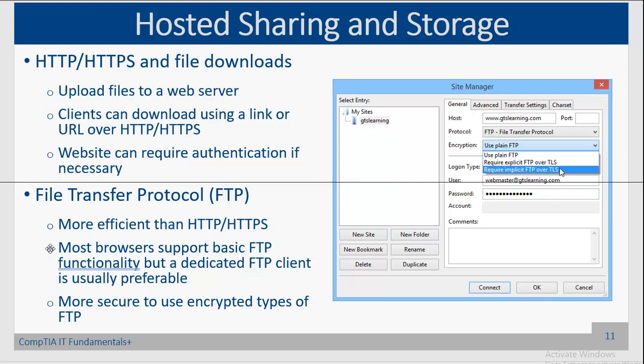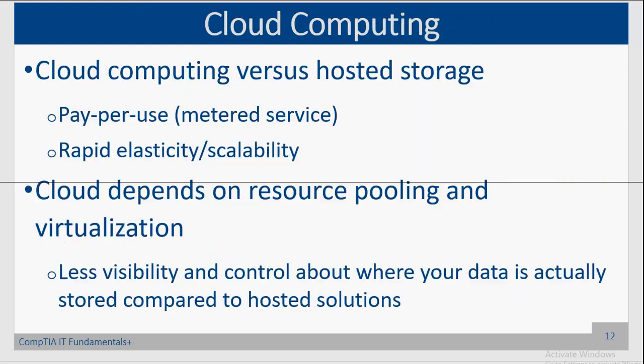But again, because of the security concerns, FTP is not that popular. Most browsers support basic FTP functionality, but a dedicated FTP client is usually the preferable way of doing this. And again, we'll demo some of these things just to demonstrate how this works.